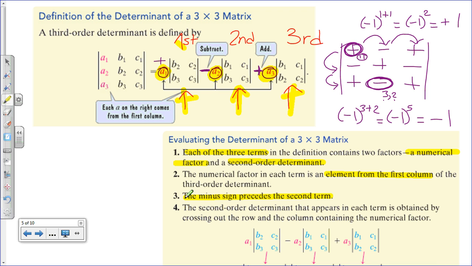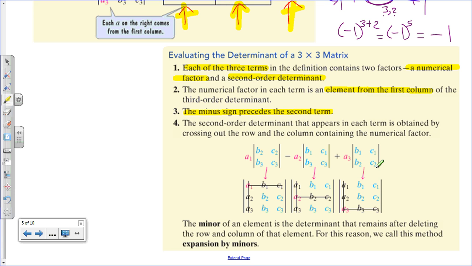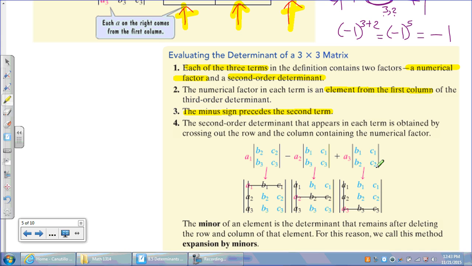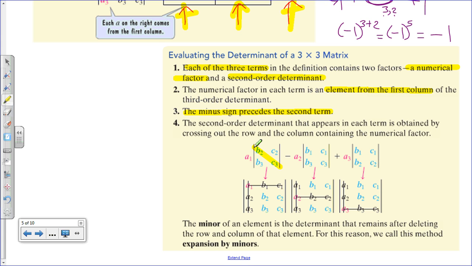Now the second order determinant is obtained, as you already know, by multiplying the elements that would be in the main diagonal and then subtracting the product of the elements across the other diagonal. Now, how do we decide where those 2 by 2 determinants come from?